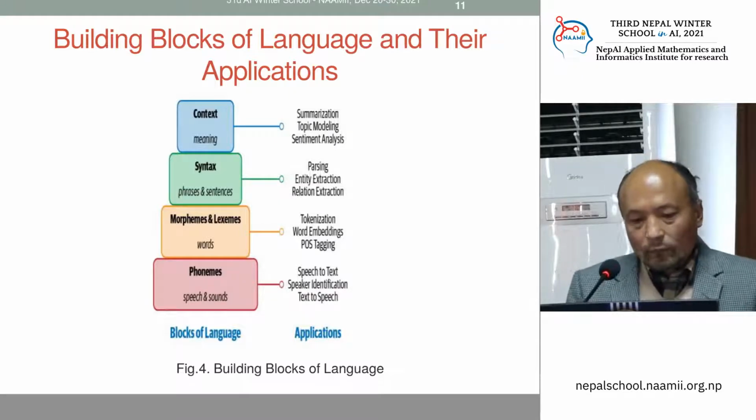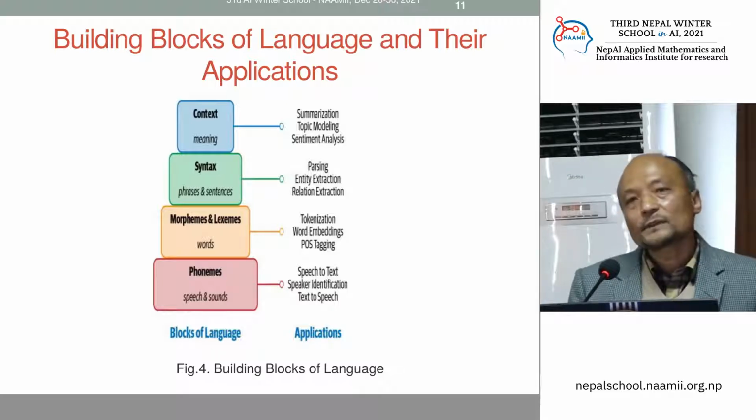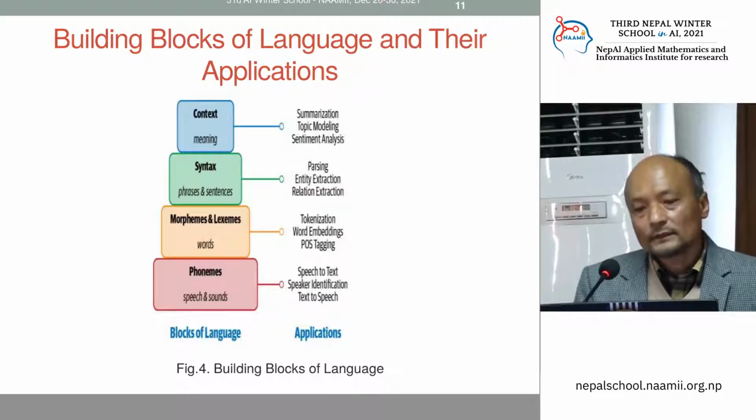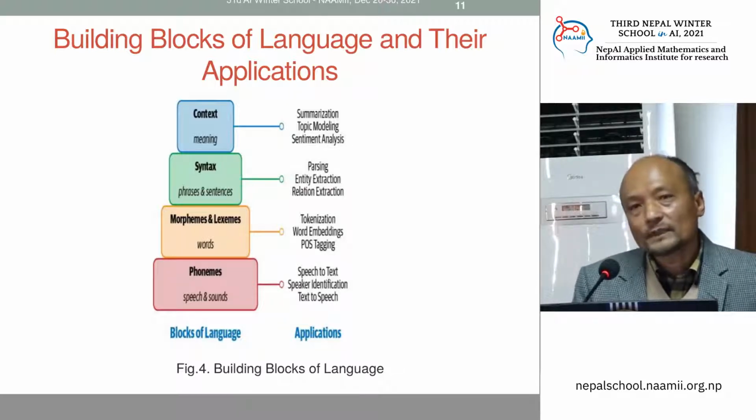Speech. Phonemes, and then the applications would be speech to text, that's essentially speech recognition, right? And then the speaker identification. So who is the speaker? That's also a potential application.